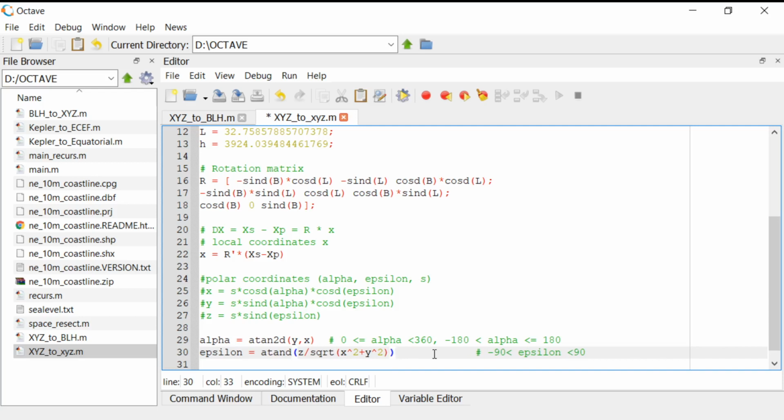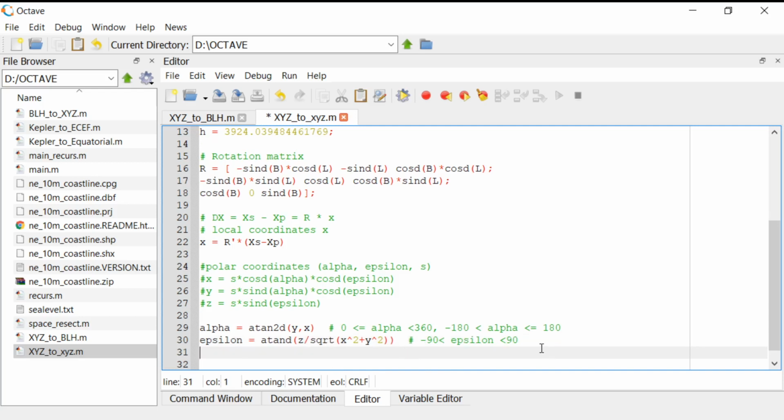You see here, if I take x squared plus y squared and take the square root of that, I get s times cos epsilon. And if I divide z by this norm of the x and y components, then I get the epsilon angle. So atand will be z divided by the square root of x squared plus y squared.